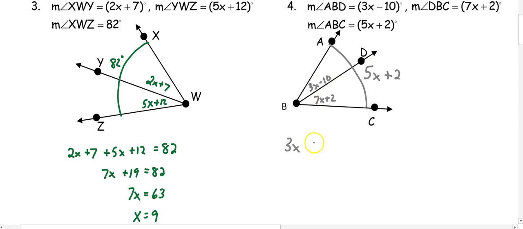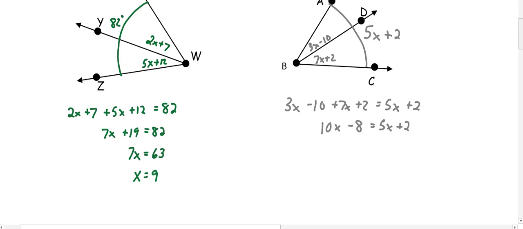So 3x minus 10 plus 7x plus 2 is equal to 5x plus 2. So when I combine like terms, I get 10x minus 8 is equal to 5x plus 2. So I'm going to subtract 5x from both sides. 5x minus 8 equals 2. Add 8 to both sides. 5x equals 10. So when I divide, I get x is 2.